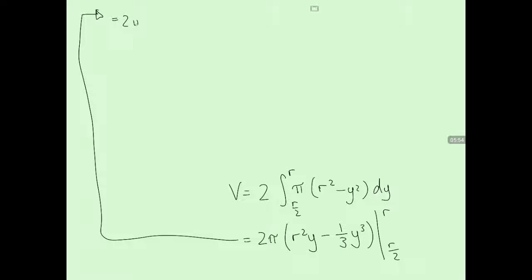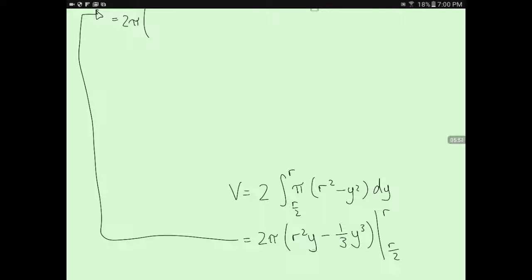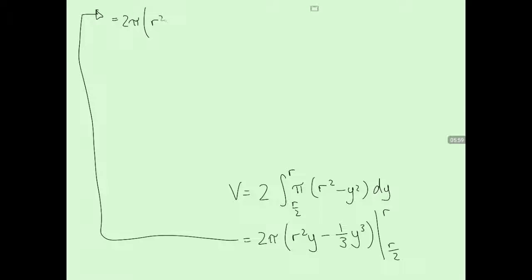So we have 2 pi times r squared y, and y is going to be r, minus 1/3 r cubed, and then minus this definite integral evaluated at r over 2. So this is r squared times r over 2, minus 1/3 times r over 2, all cubed.